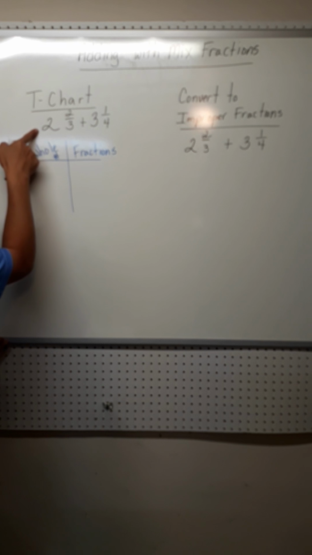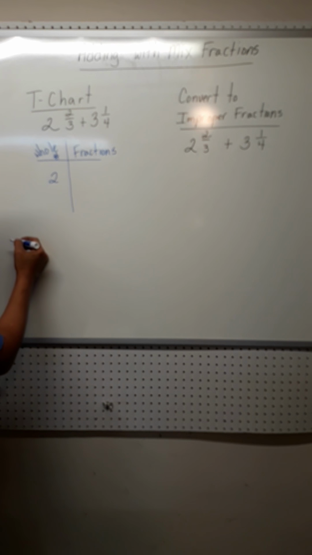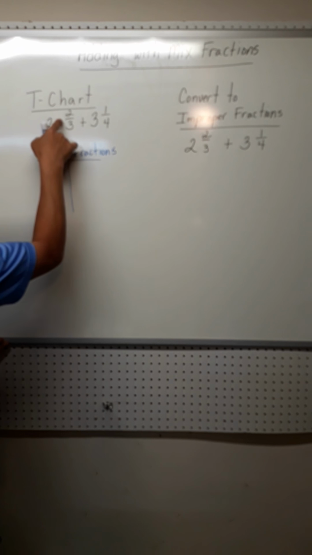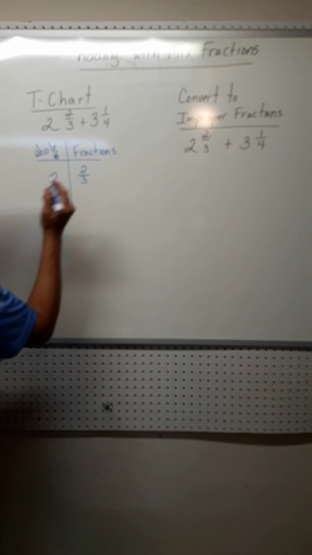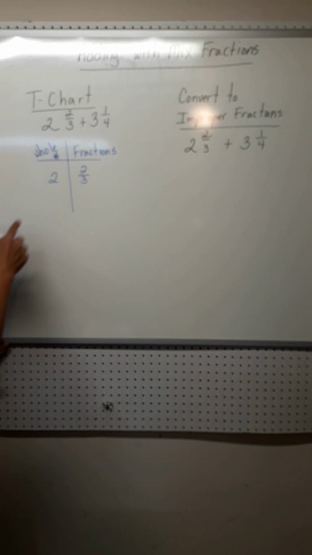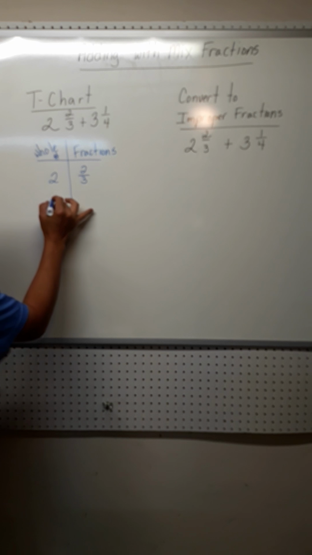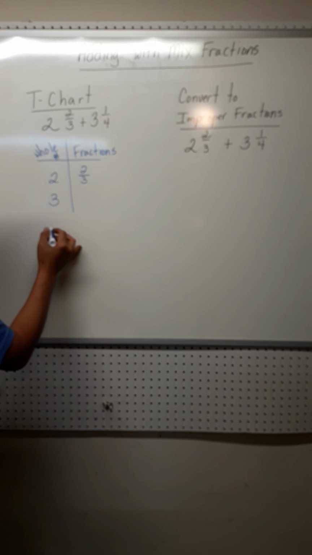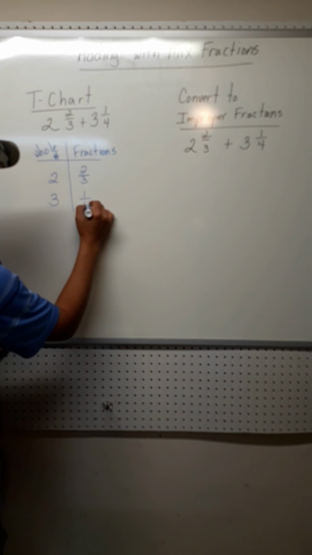Well, the 2 is my whole number, and my fractional part is 2/3. And then I put these into the chart, and 3 is my whole number, and then 1/4 is my fractional part.